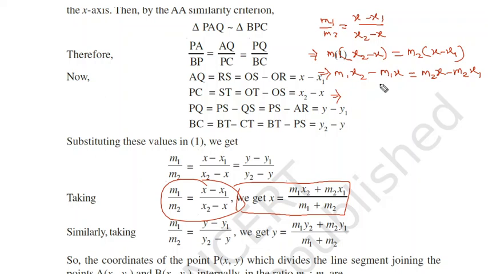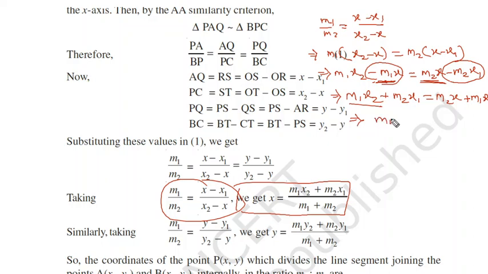Now bring this to one side: keep M1 X2 here and bring M2 X1 to LHS, it will be plus M2 X1, equal to M2 X, and bring M1 X to RHS, plus M1 X. So M1 X2 plus M2 X1 is equal to, taking X common, X times M2 plus M1.